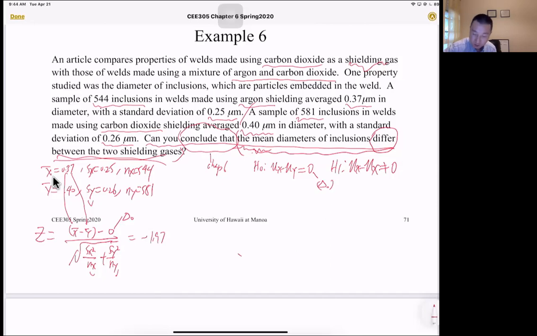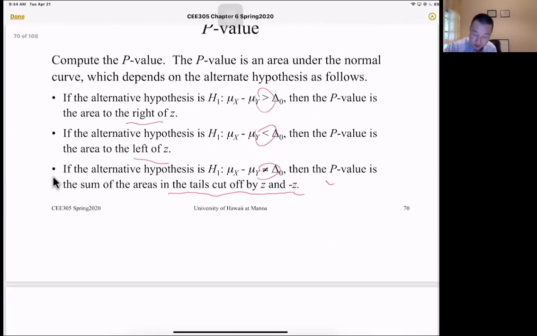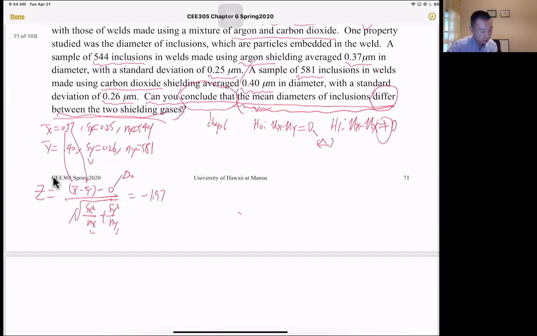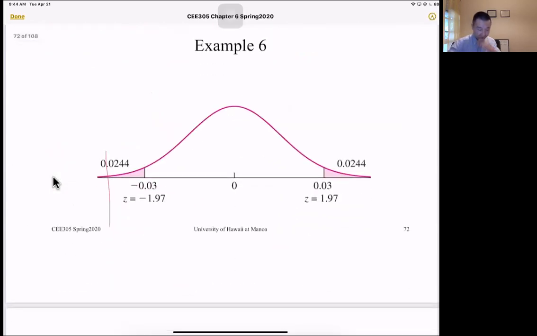Because H0 is asking not equal to 0, not equal to tells us the p-value will be the sum of the two tails. The z-score here is minus 1.97, and the other one is minus z, so 1.97. The two cutoff values are added together, so the p-value will be 2 times 0.0244.